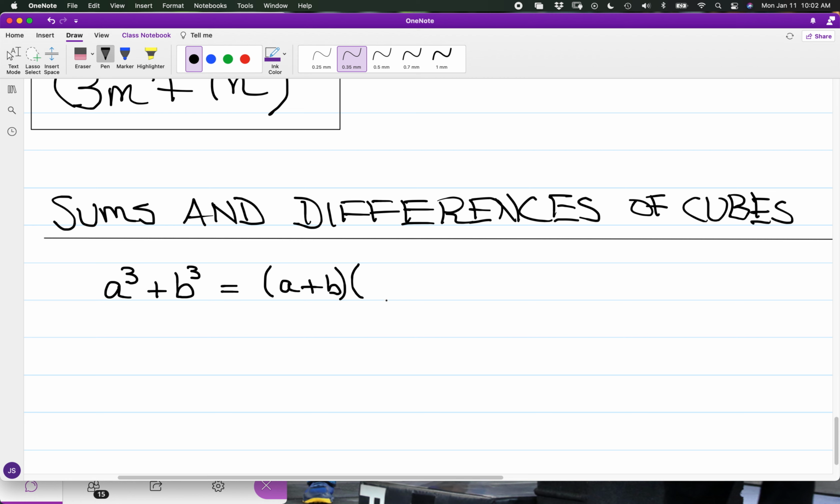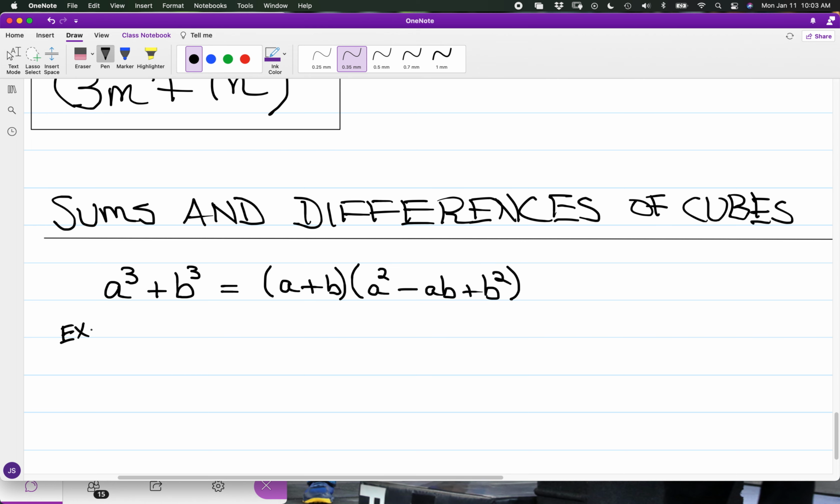And there's going to be a trinomial factor where we're going to have an operation of subtraction of the middle term. In this case, we're going to have a squared minus ab plus b squared.